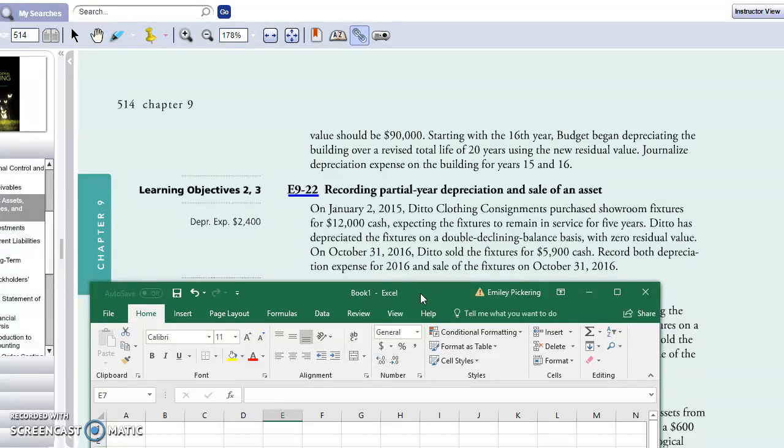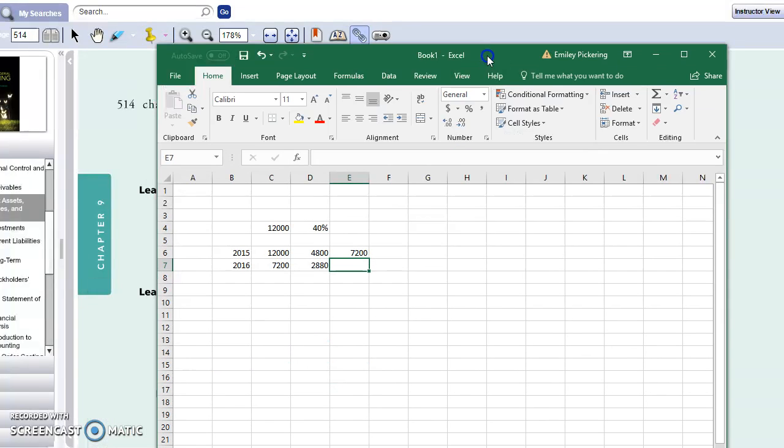We have January, February, March, April, May, June, July, August, September, October. We have 10 months worth. So what I need to do is take this, divide by 12, and then take this and multiply by 10. So we need to depreciate it by 2,400. So let me change this to 2,400.